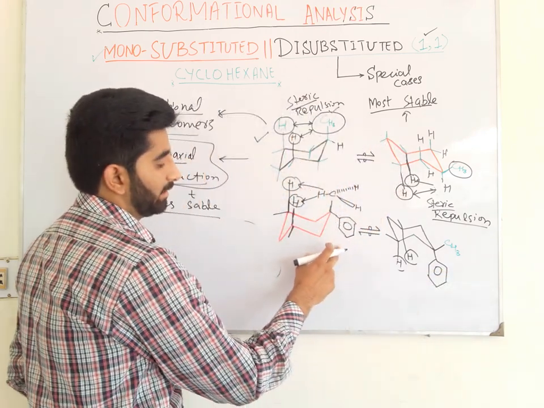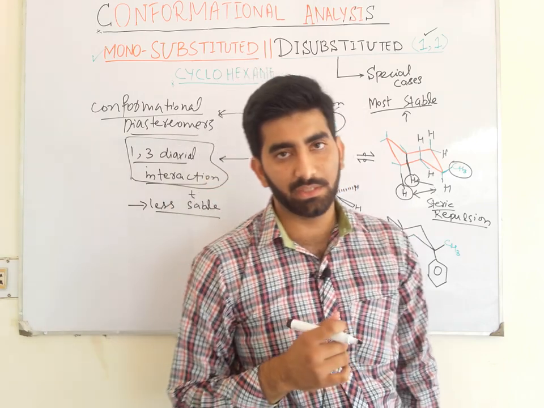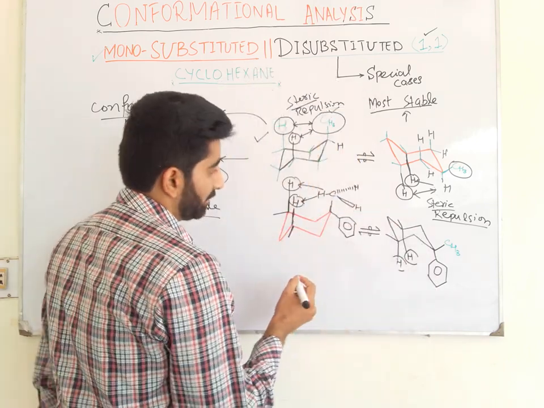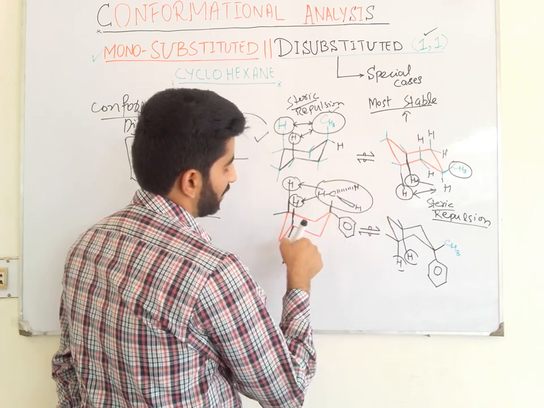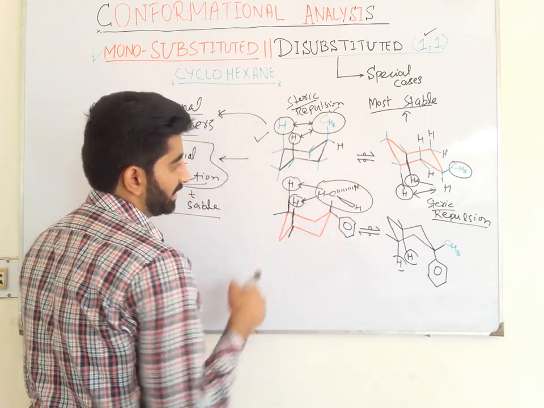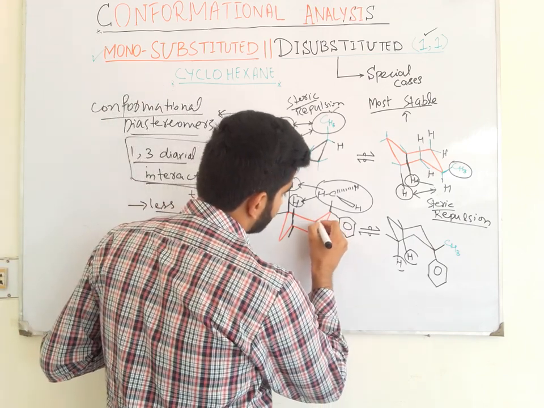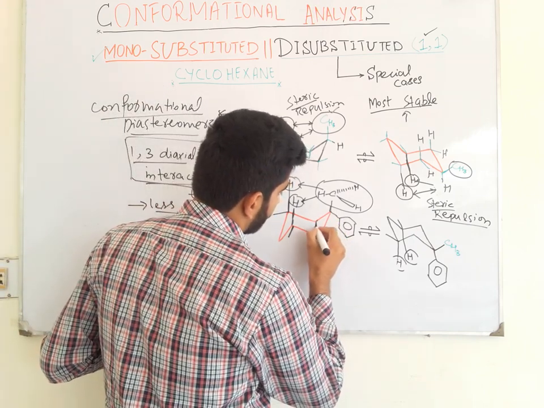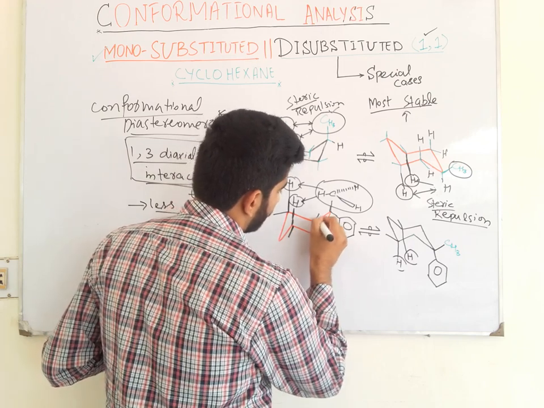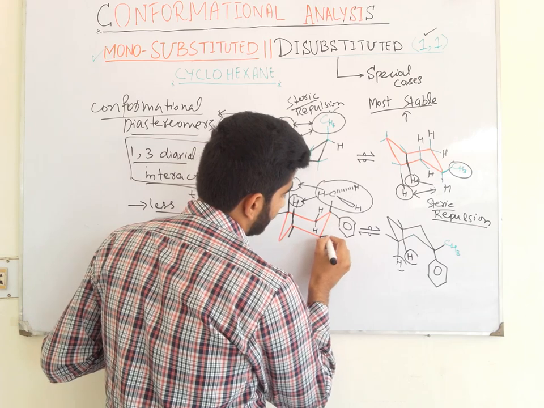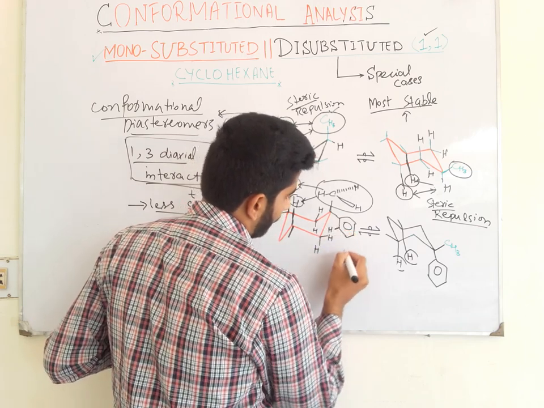But the phenyl group tends to occupy the axial position instead of the equatorial position, because if we observe, there is 1,3-diaxial interaction in this conformation between the methyl group and these two diaxial hydrogens, and secondly there is an axial hydrogen here, equatorial hydrogen here, axial hydrogen here, equatorial hydrogen here. So there is a hydrogen.